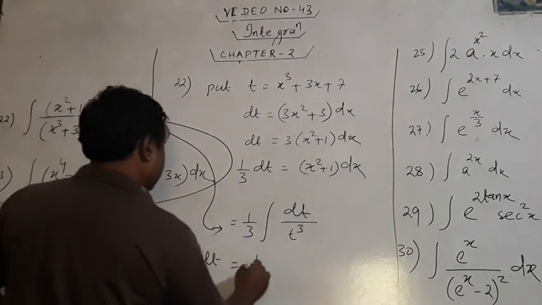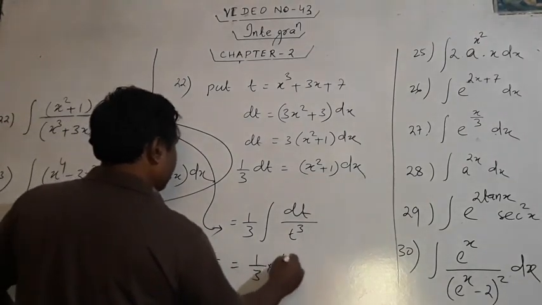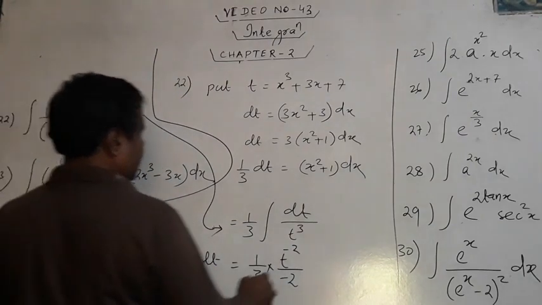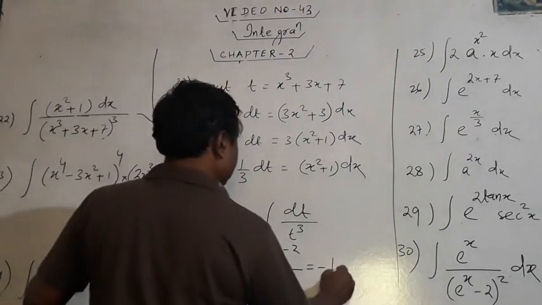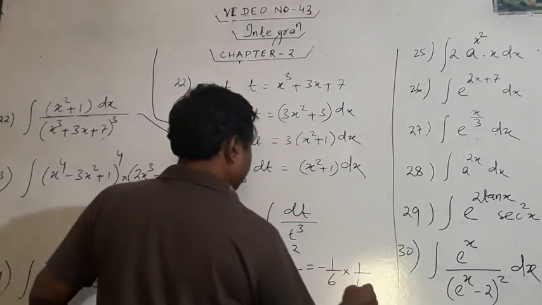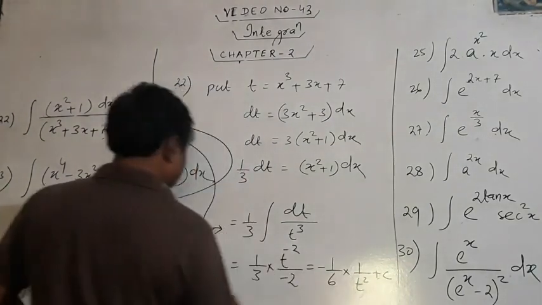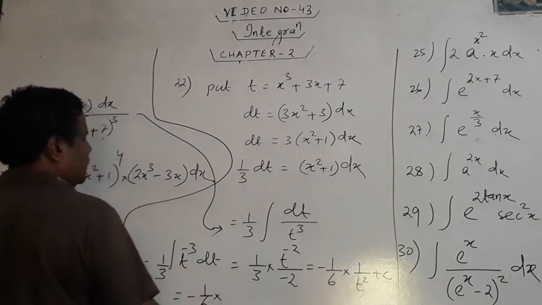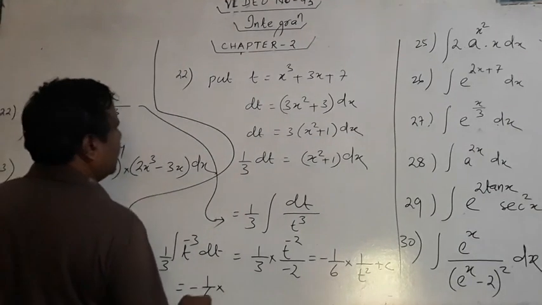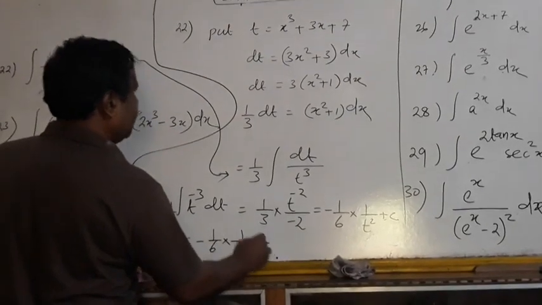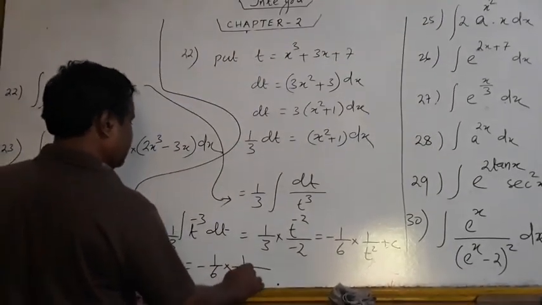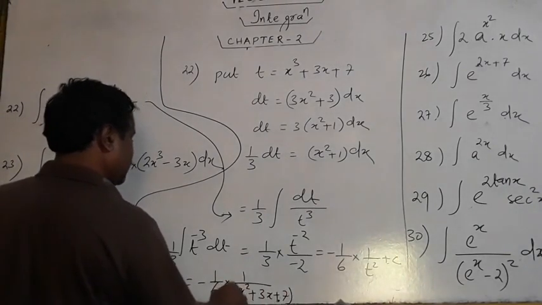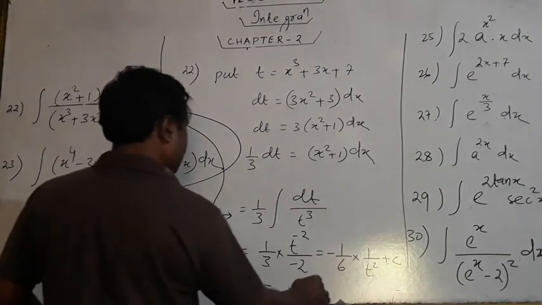And its answer is 1 by 3 t to the power minus 2 by minus 2 plus 1, which is minus 1 by t square, plus c. It is equal to minus 1 by 6 into 1 by t square, which means 1 by (x cube plus 3x plus 7) whole square. You have to write plus c.